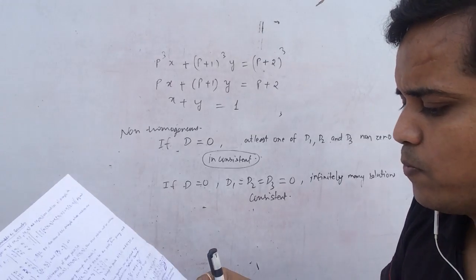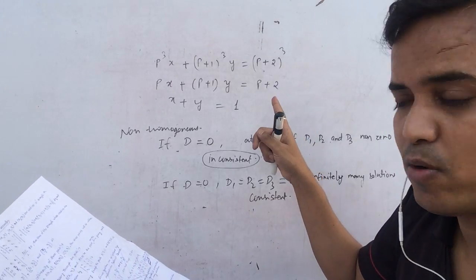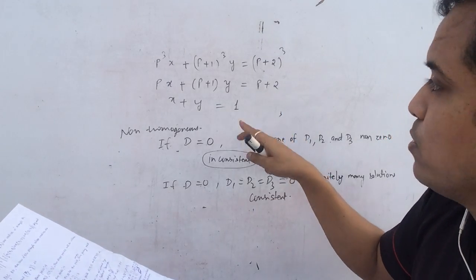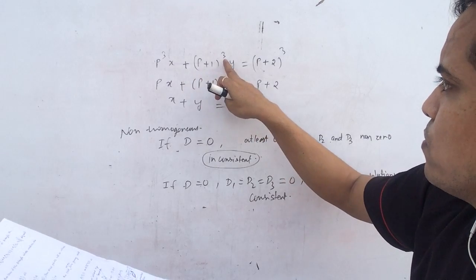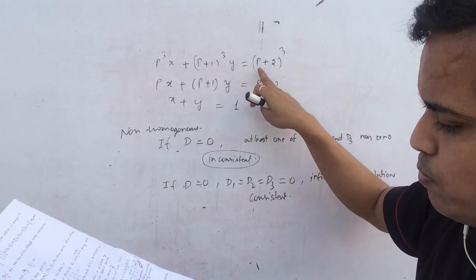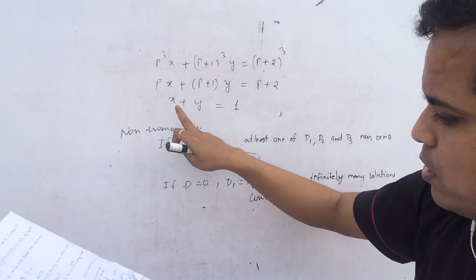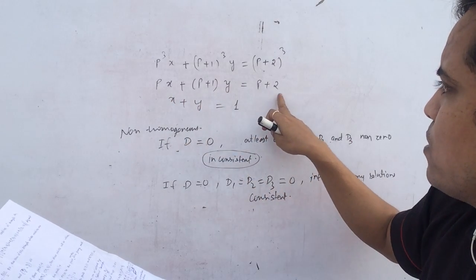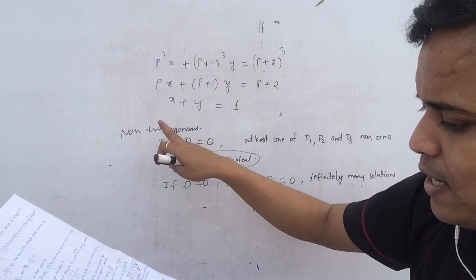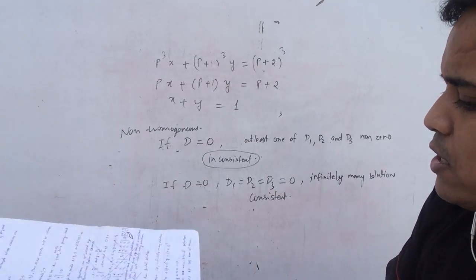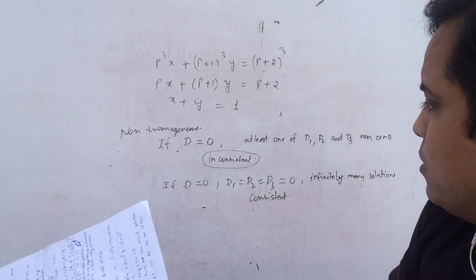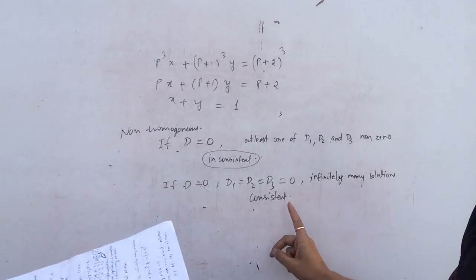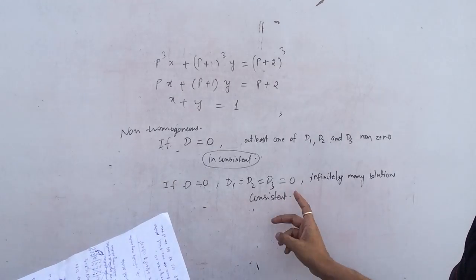So the question is, for what value of p is the system of equations p cube x plus (p plus 1) whole cube y equal to (p plus 2) whole cube, px plus (p plus 1) y equal to p plus 2, and x plus y equal to 1 consistent? So here we have to use this property.